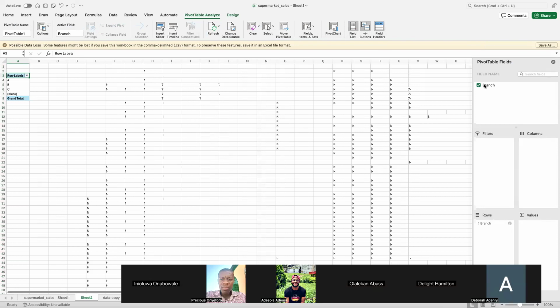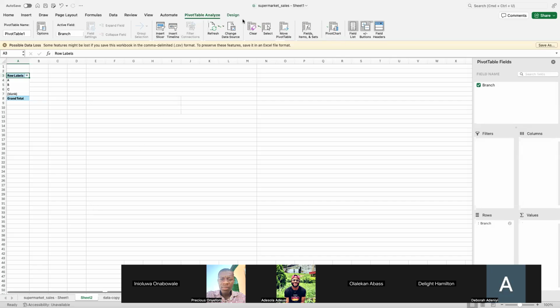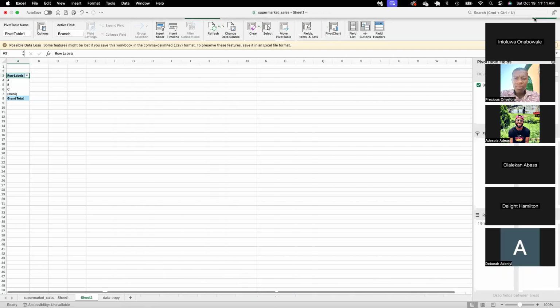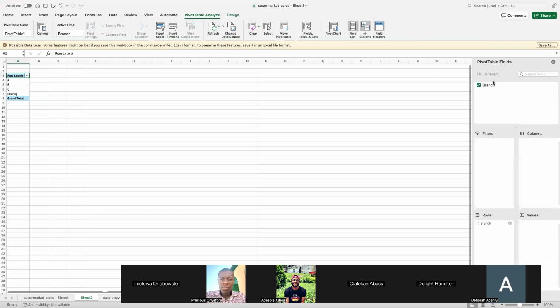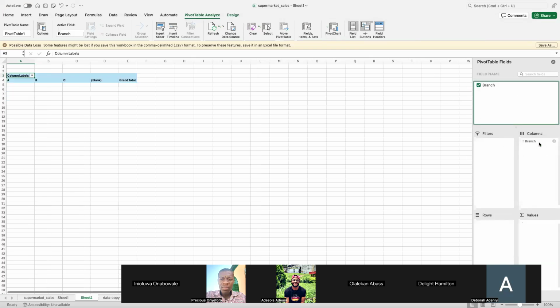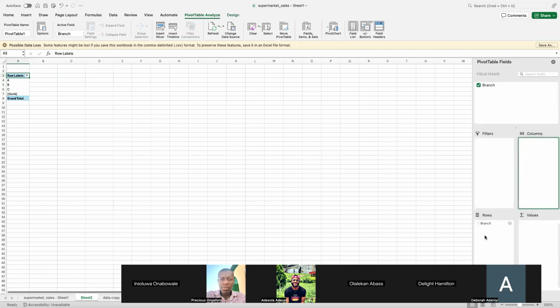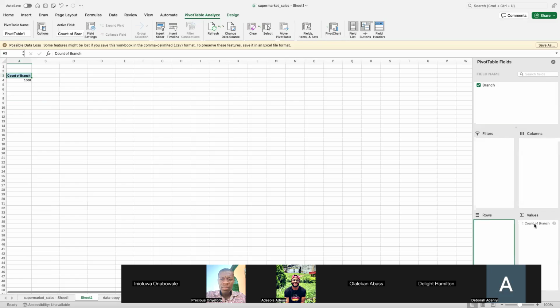So when I do recommended pivot, this is very simple. You know what I do? I just move things around, play around with it and see what's happening. Let me drag this to columns. Oh, this is not looking nice. Let me drag this to rows. It's not looking nice. Let me drag this to branch. This is a branch.